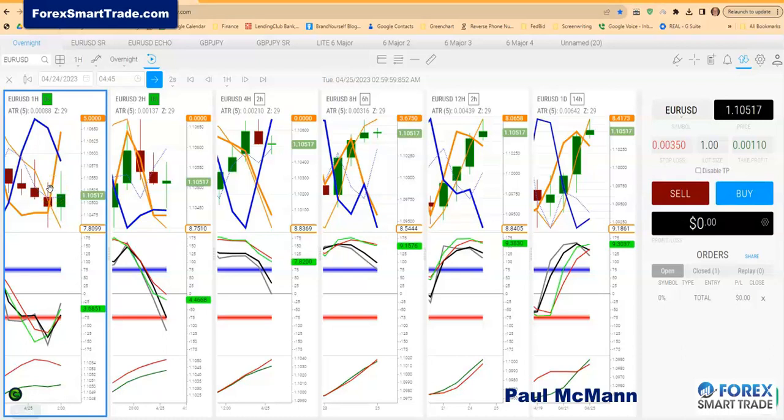Here, we only have 2 of the 4, thick orange and thick blue. In the pure sense, I will pass when I only have 2 of the 4, but I really like this. So I'm going to just take a look at the pressure. The pressure is sideways.